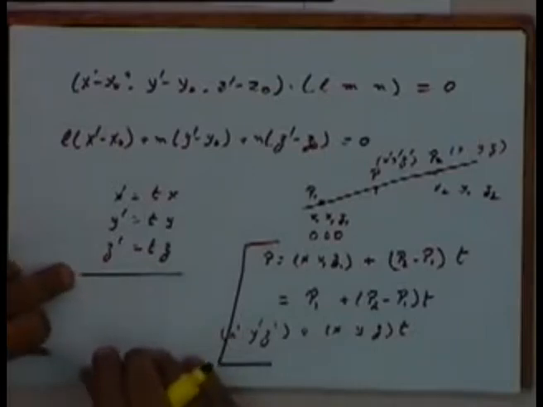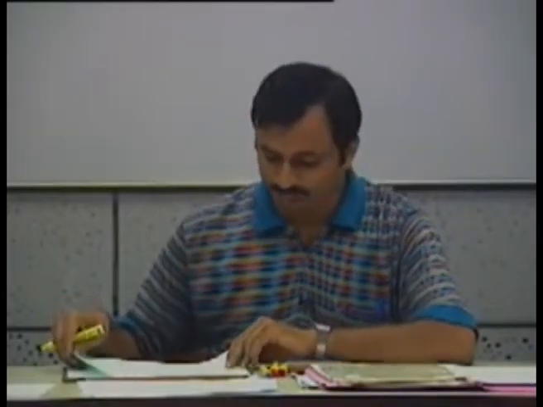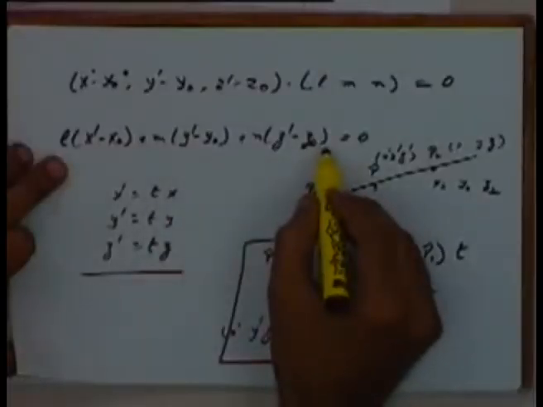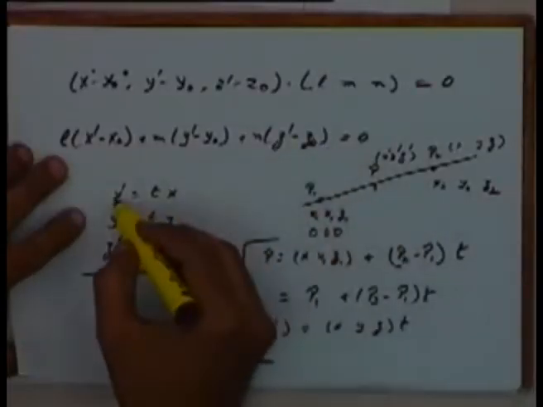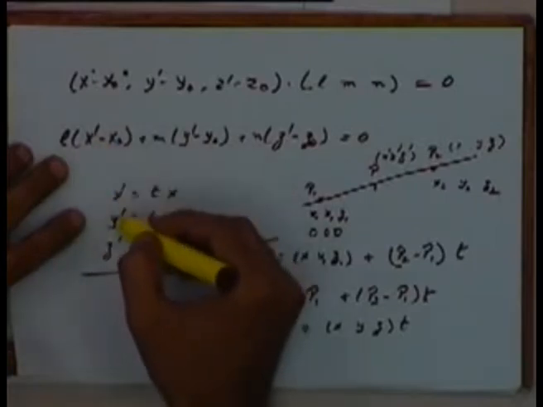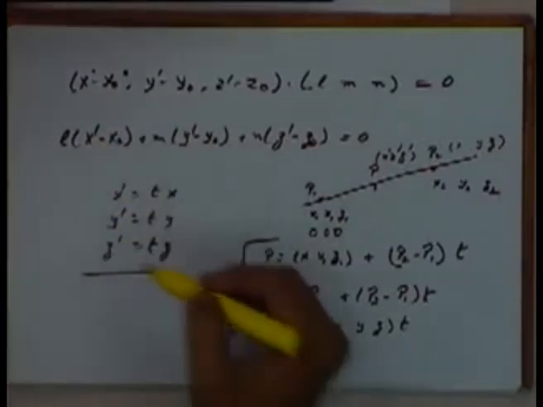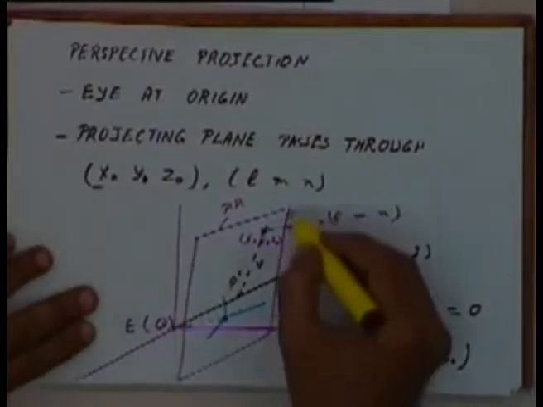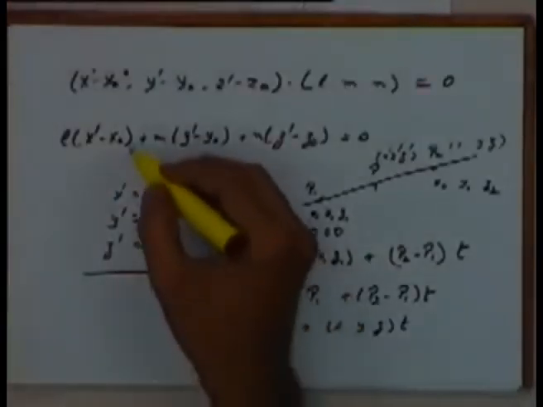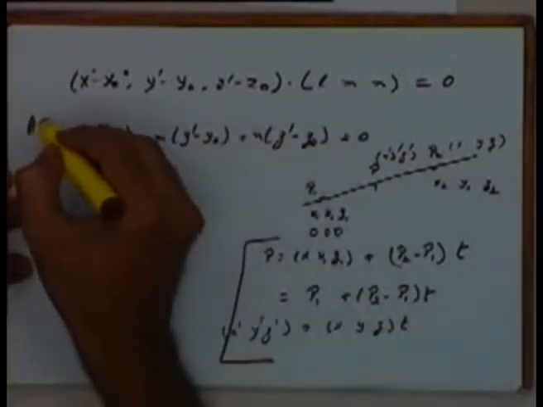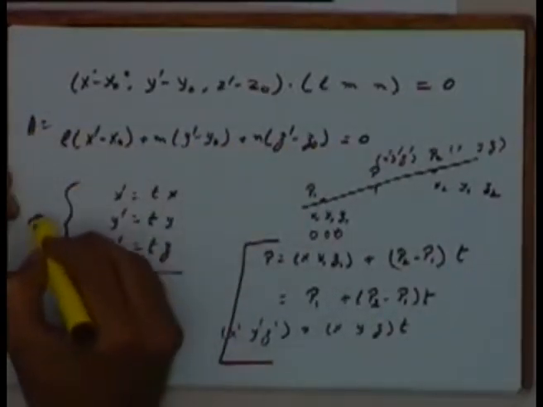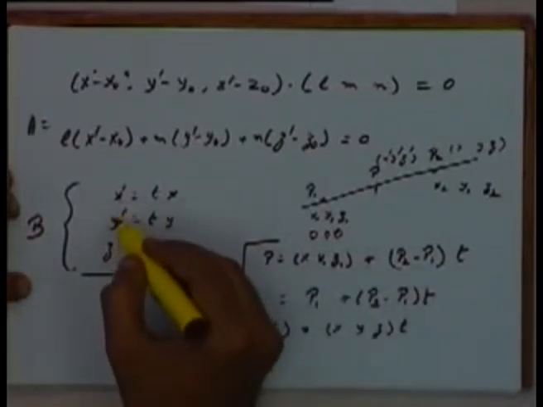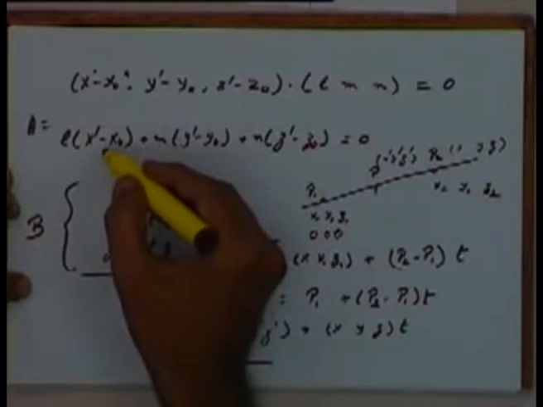Now if we look at this relation, we need to get the value of x prime, y prime, z prime, which is the intersection of this line with this plane. So both these equations have to be satisfied. Let's say this is equation A and this set of equations is equation B. So the value of x prime, y prime and z prime we will put into this equation.